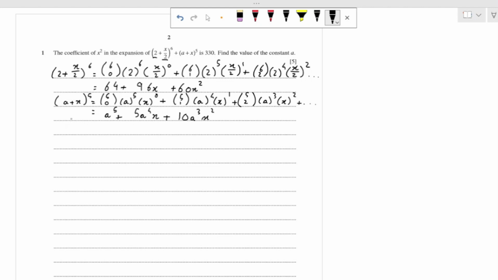And now we can construct an equation according to the question. The question says the coefficient of x squared is 330. So 330x squared is equal to all of those coefficients of these two brackets. How can we find an equation which relates all of these values which I found above and 330x squared?